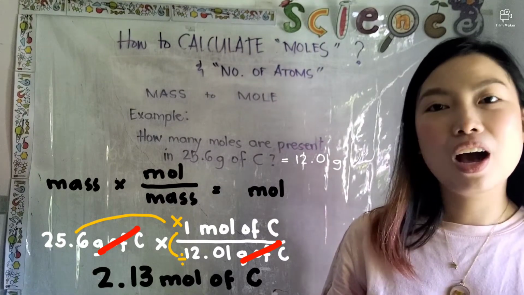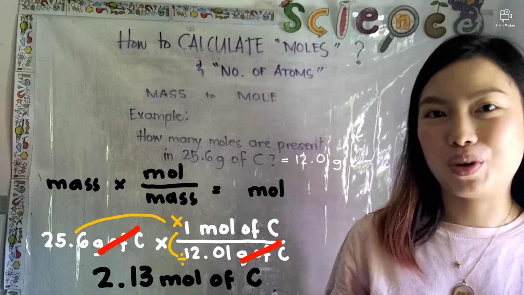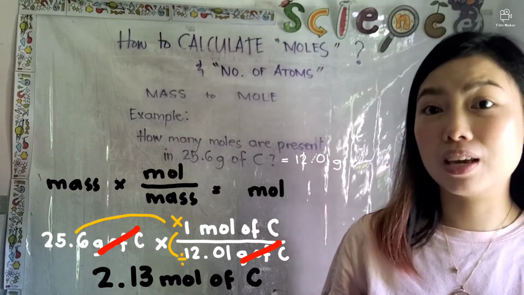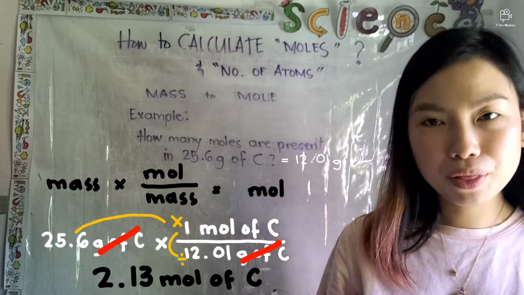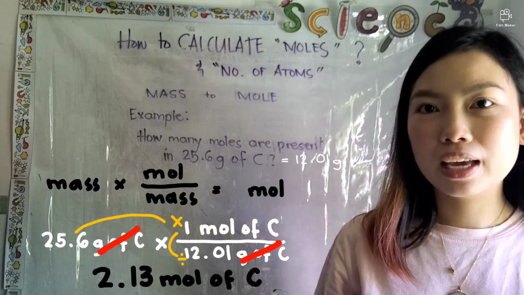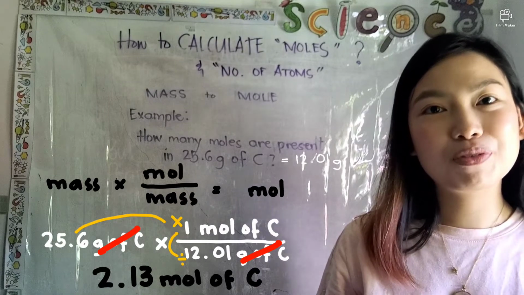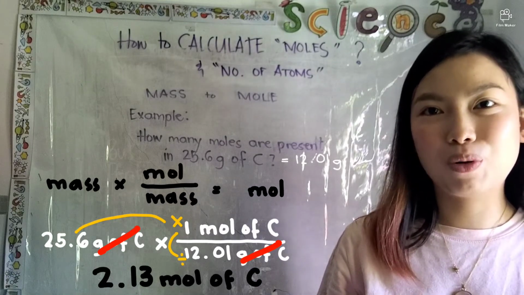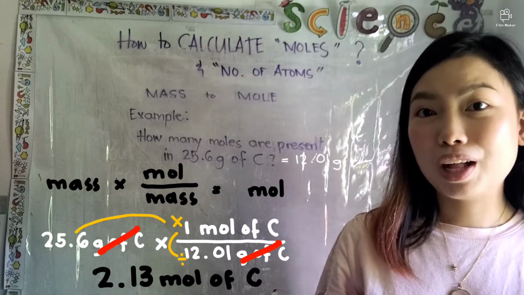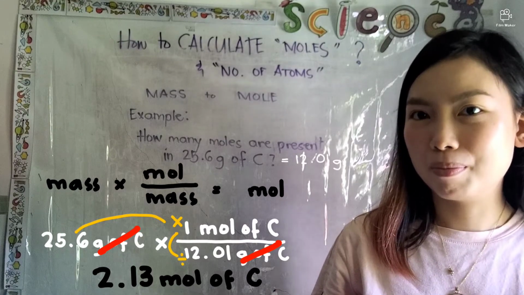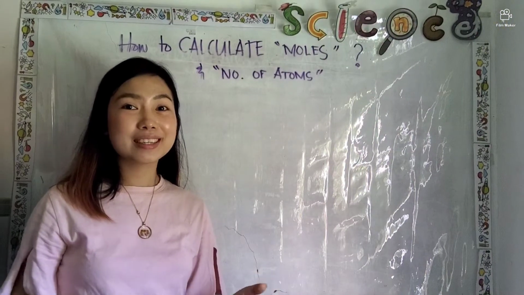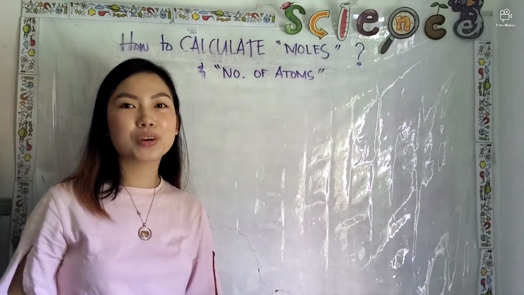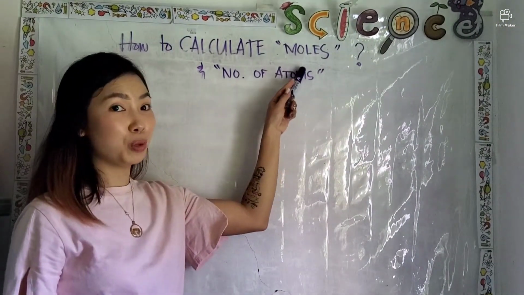And that's now our final answer for the question on how many mole. Meaning to say, there are 2.13 mole of carbon in 25.6 grams of carbon. So that's how we compute the value of mass to mole. Okay, so natapos na natin i-discuss ang how to calculate the value of mole.